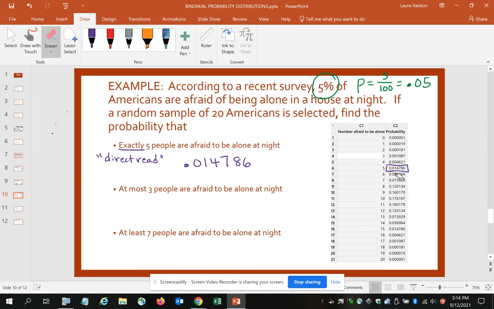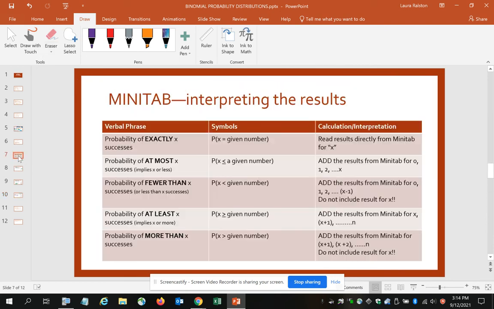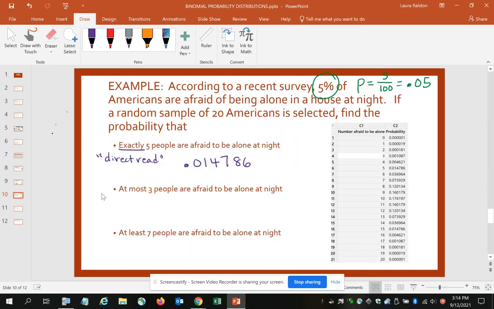Okay, let's look at most 3. And I'm going to go back up here to my table, and I see the keywords at most. So for at most, it tells me add the results from Minitab for 0, 1, 2 up to the value that you're given. So if I want at most 3, that means I want to look at the values for 0 plus 1 plus 2 plus 3.